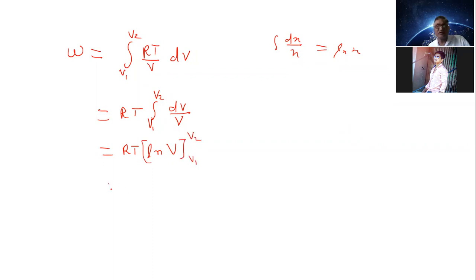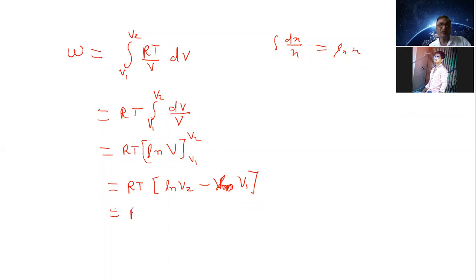And therefore we can write here it is equal to RT into log of V2 minus log of V1. Log A minus log B is log A upon B. असं लिहू शकतो आपण.